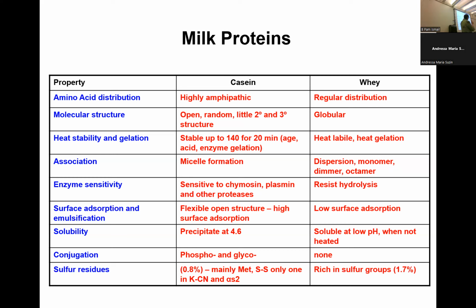Beta-lactoglobulin has a free SH group, which is the culprit of a lot of things, sometimes good, sometimes not good, and it has a lot of SS linkages. However, casein has mostly methionine and only one SS in kappa and one SS in alpha.